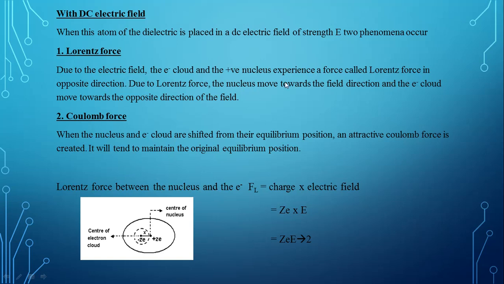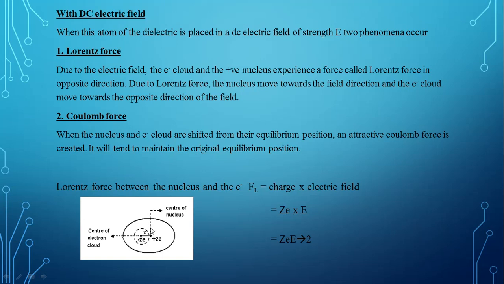Due to the Lorentz force, the nucleus moves towards the field direction and the electron cloud moves opposite to the field. In this figure, we see that the center of the nucleus is separated from the center of the electron cloud by a small distance x.